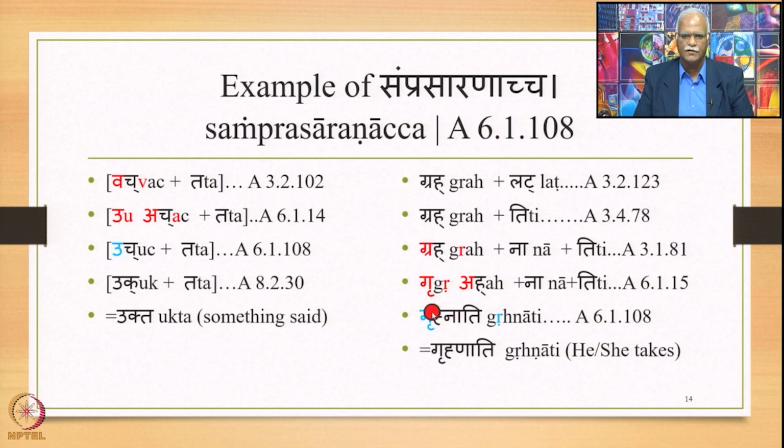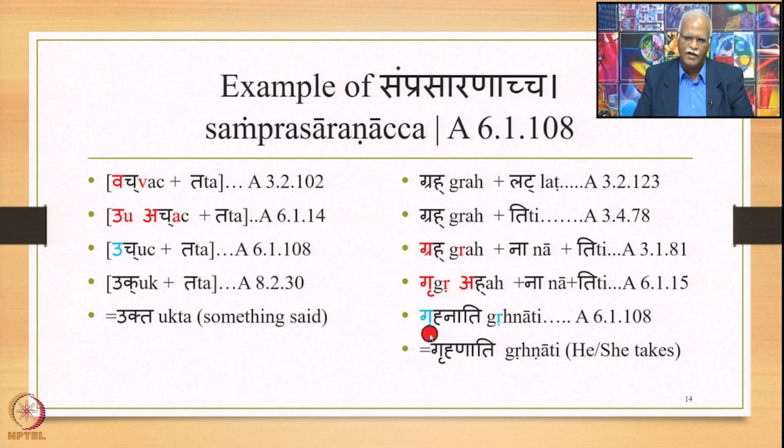And now we have samprasarana followed by a vowel. So in place of both of them, 61108 applies and says, do the purva rupa sandhi. That means substitute this samprasarana.